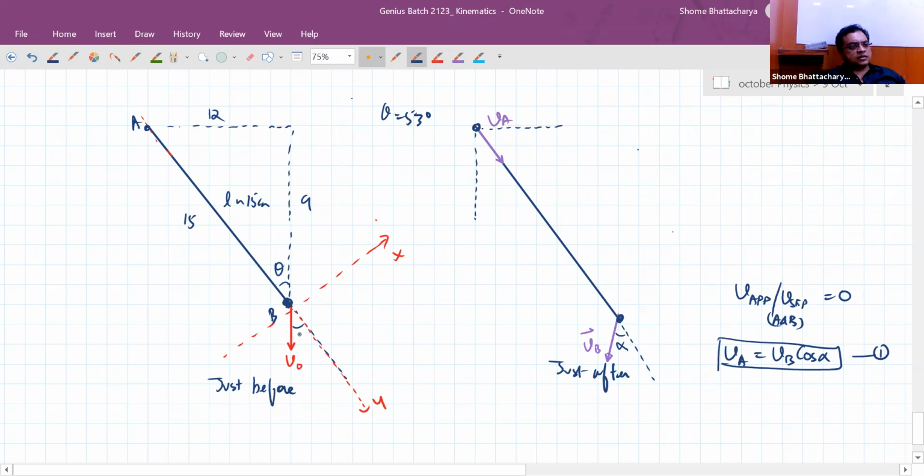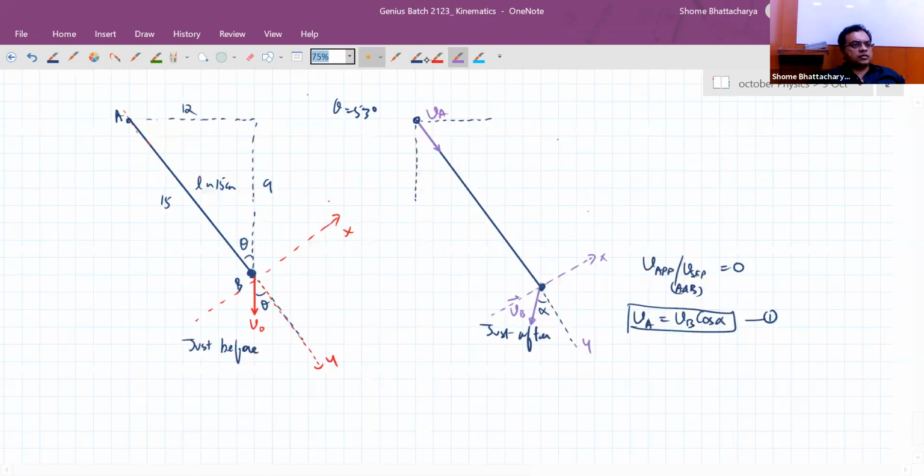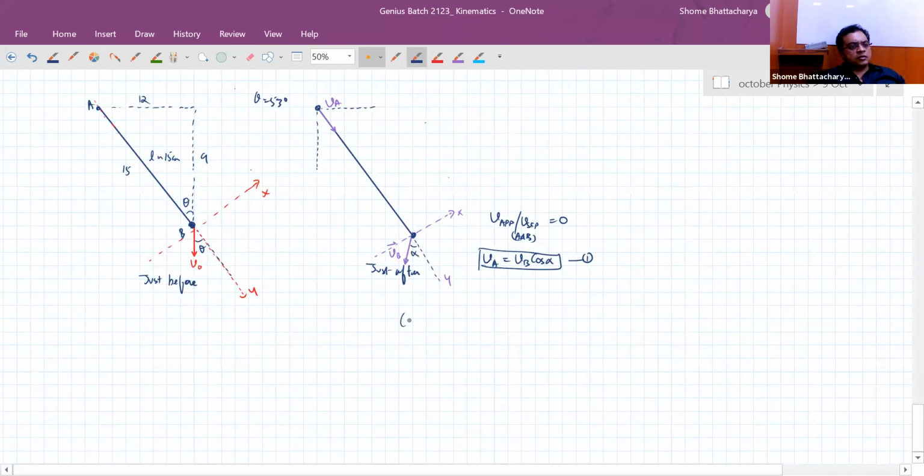So this angle is theta or 53, and so next if we write conservation of linear momentum for A plus B as a system.